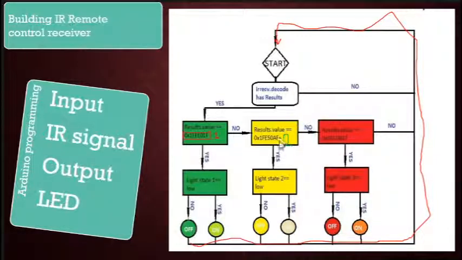This is the hexadecimal equivalent of button 2. If it is, then we check whether the light state 2 is low or not. If it is low, then we turn on the LED and return back to the start of the program again, and if it is not, this means that the LED is already on, then we turn it off and return back to the start of the program.